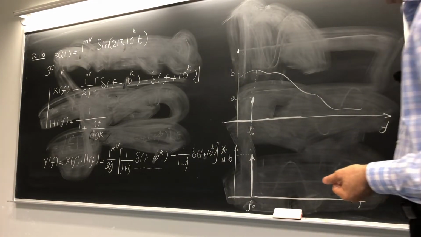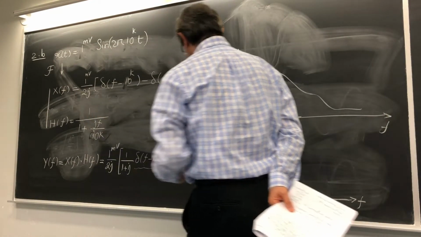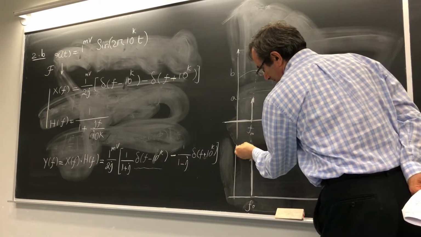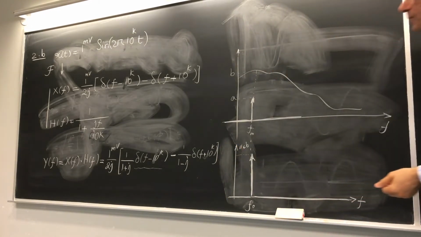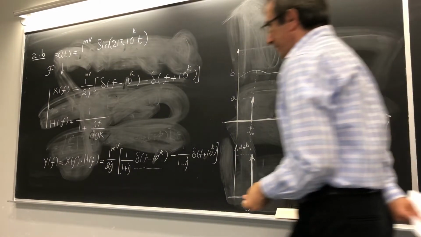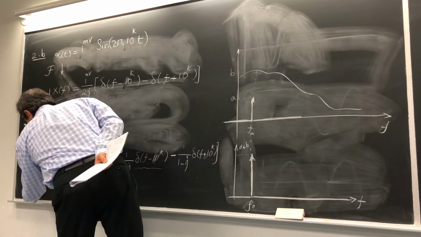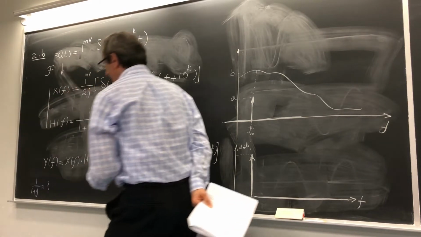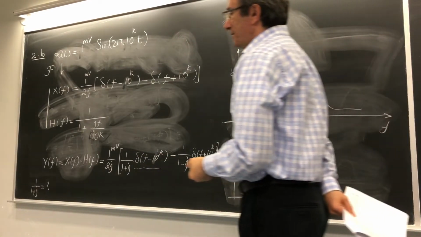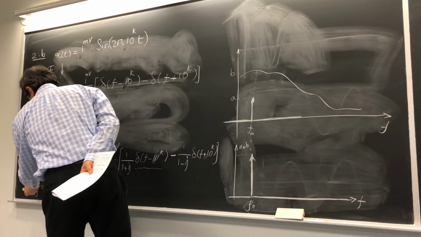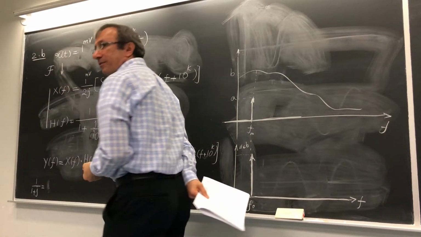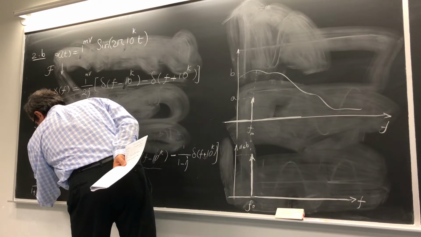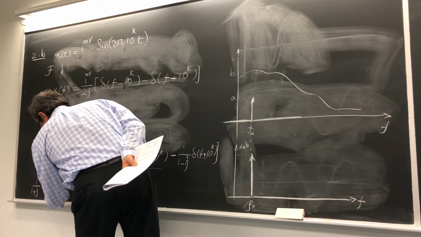Now what we've got is this function for the output in the frequency domain. So what do we do now? Do you remember what is 1 over 1 plus j? How do we calculate this? Let's multiply the numerator and the denominator by 1 minus j: 1 minus j over 1 plus j times 1 minus j.